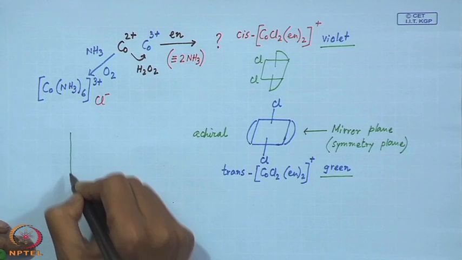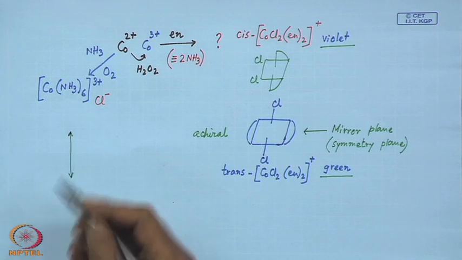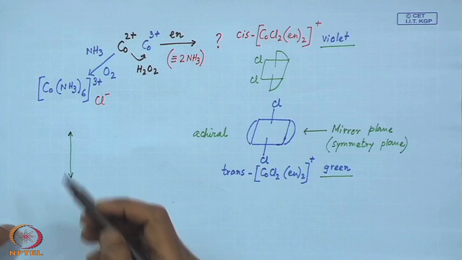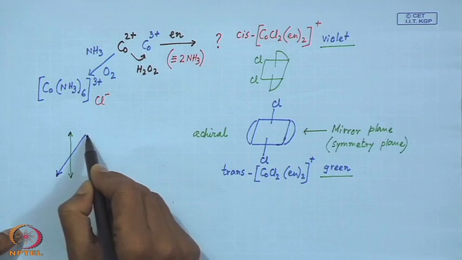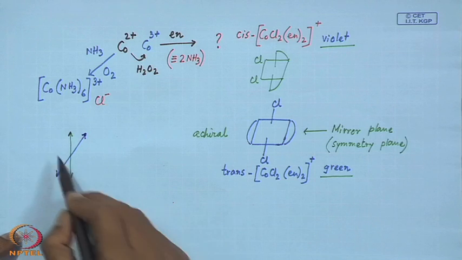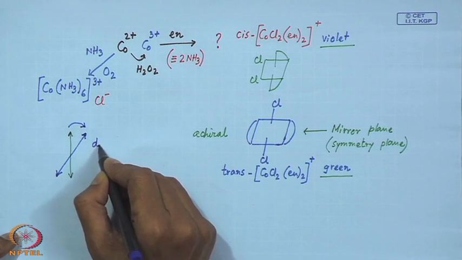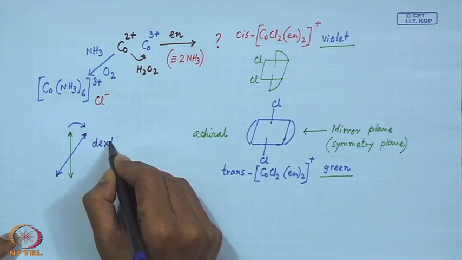So, we have the plane polarized light. If it is rotated in one particular direction, towards the right, we call it dextrorotatory.